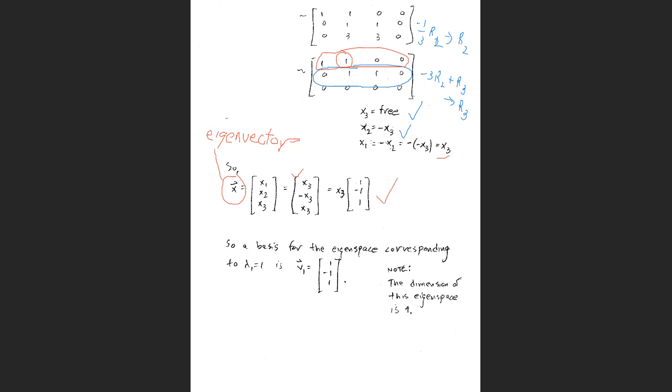And so the basis for my eigenspace corresponding to lambda 1 equals 1 is just going to be this v1 vector here: 1, negative 1, 1. And I note that the dimension of my eigenspace is 1 because there's just one vector in the basis for the eigenspace. We sometimes call that an eigenbasis. Eigen in German means self. I don't know if any of you knew that.